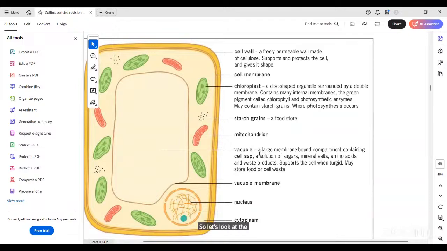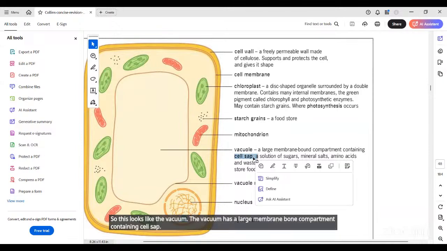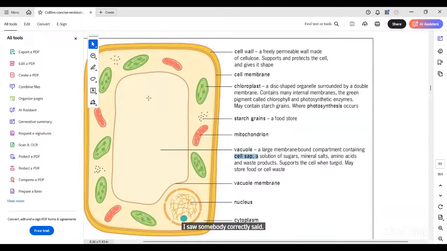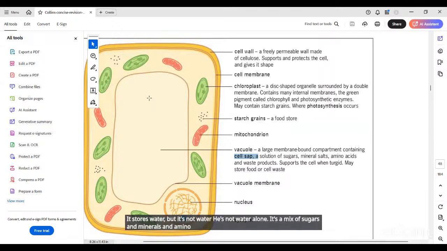The vacuole is a large membrane-bound compartment containing cell sap, as somebody correctly said. So it's not necessarily water. It stores water, but it's not water alone. It's a mix of sugars, mineral salts, amino acids and waste products.